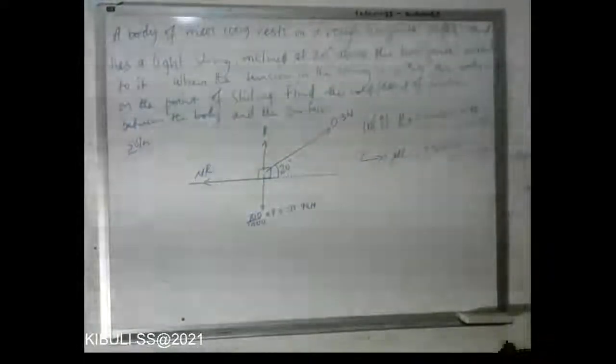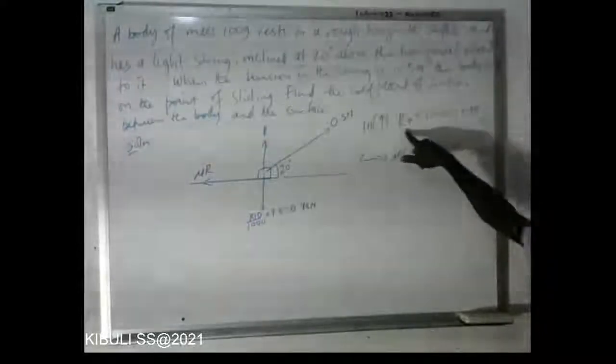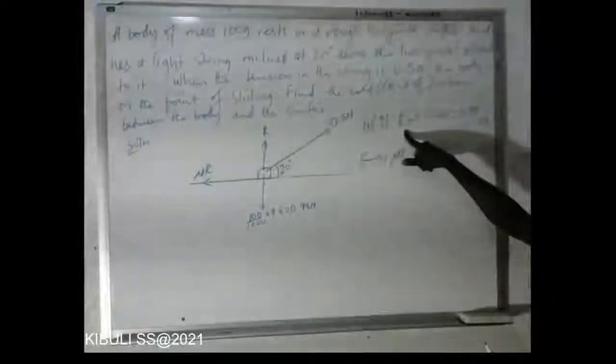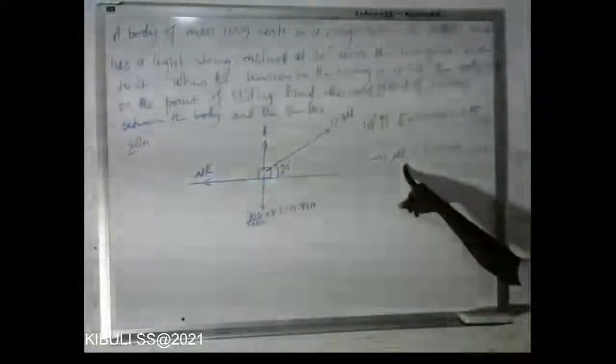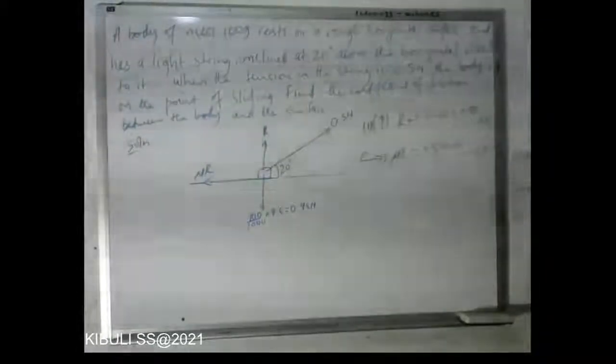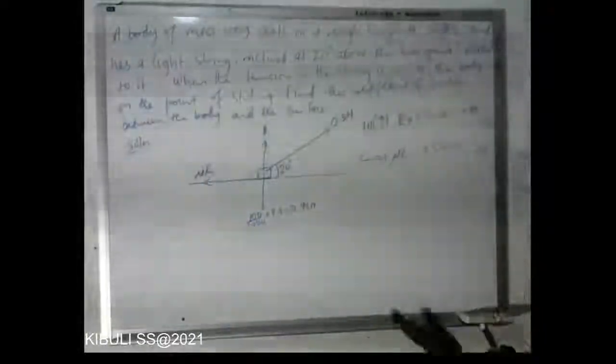We need to solve these two equations simultaneously. Alternatively, you can first solve for R in equation 1 and then substitute for R in equation 2 and then get the value of mu. The choice is yours.